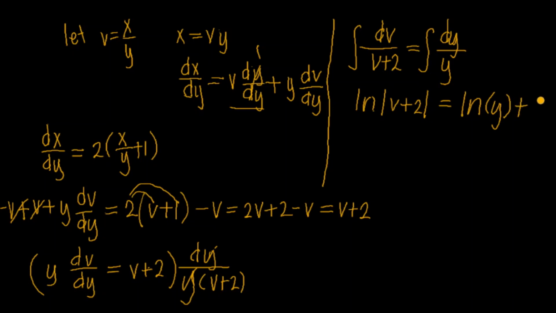You can put the constant on either side of the equation, but I like to transfer ln of y here, so it is equal to ln of v plus 2, but your v is just x over y.